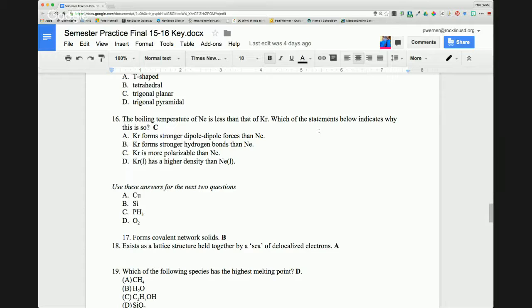Induced dipole means it creates this momentary dipole. The electron clouds push into each other, and because electron clouds repel each other, when an electron cloud pushes into another atom's electron cloud, it pushes that electron cloud away. And in the atom, when the electrons are moved away from one side, it becomes more positive. And so you end up with a positive side and a negative side.